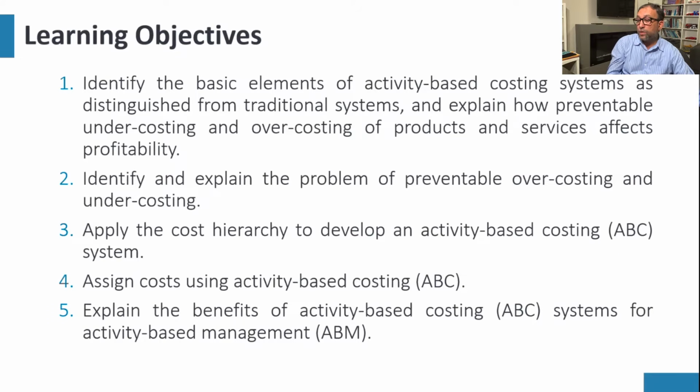So we can renegotiate the price with our customers, and for other products which are less cost consuming, we can renegotiate to reduce the price and increase revenue by increasing sales. So this is why it is important to move from the traditional costing system to the ABC costing system.